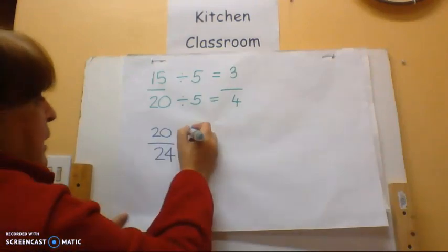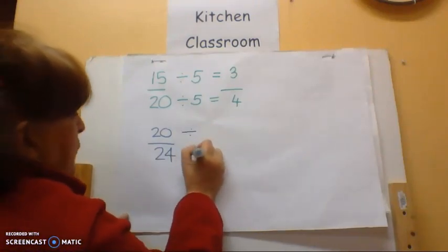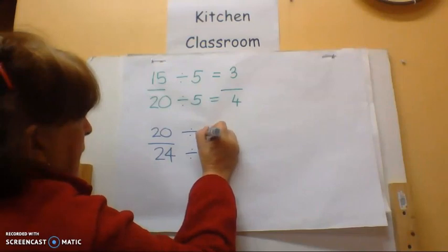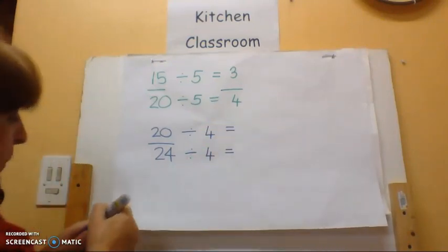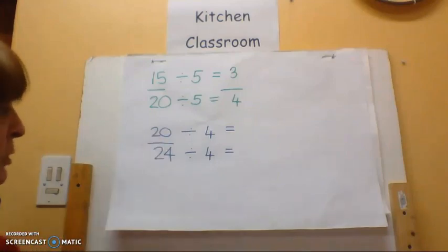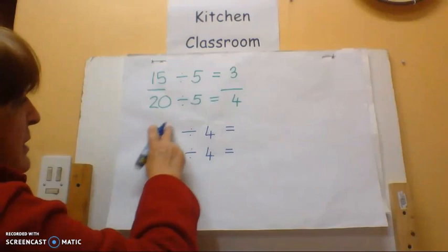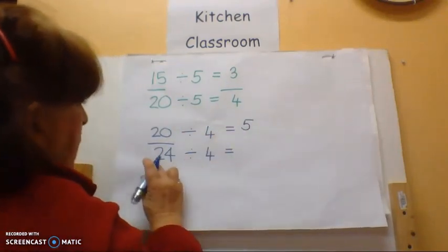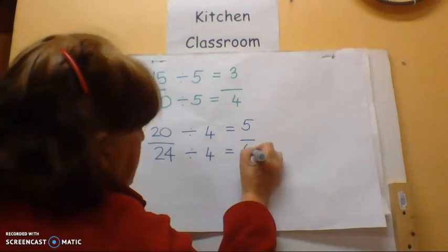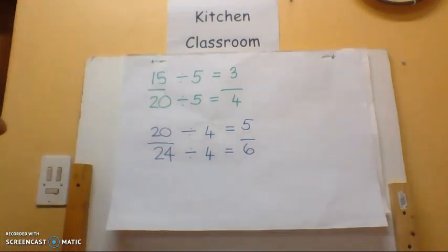Yes, well, let's take 4. Let's divide both the numerator and the denominator by 4. It's the biggest number that will divide equally into both the numerator and the denominator. So we can say 20 divided by 4 is 5. 24 divided by 4 is 6.